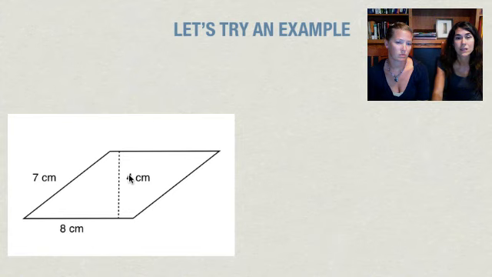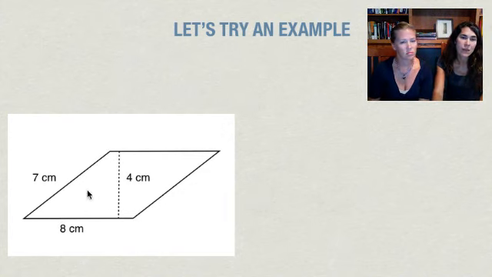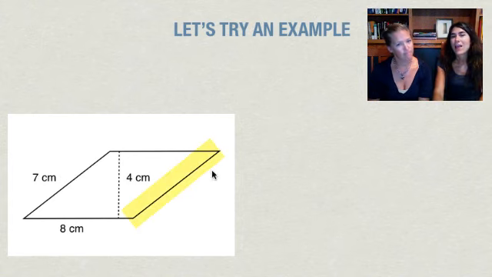You have to decide, is it important or not? In this case, for perimeter, we don't need it. But there's missing sides. I don't know what those are. Oh, yes. So if you remember, a parallelogram has opposite equal lengths. So if this is 7 centimeters, this right here is also 7 centimeters.